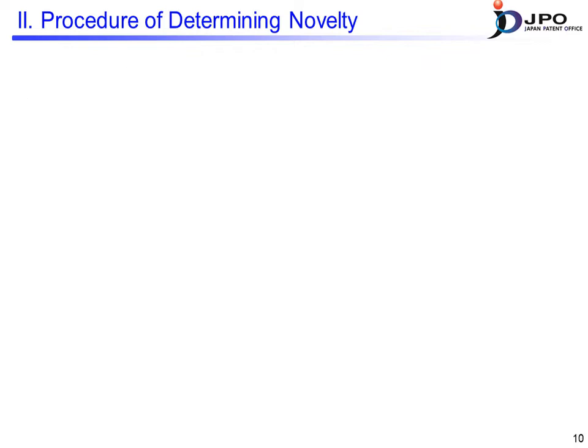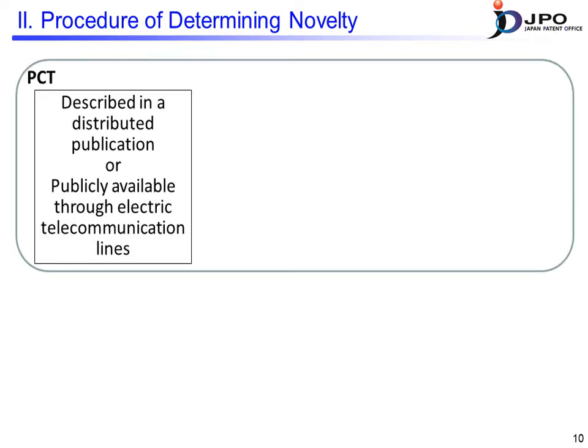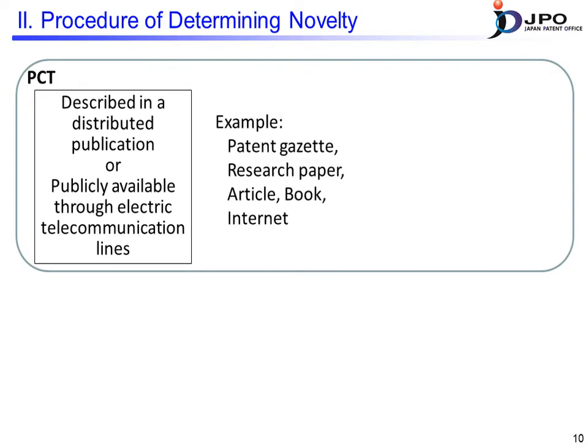In this slide, I will explain what can be prior art. Under PCT, prior art can be something such as an invention described in a distributed publication, or an invention that was made publicly available through electronic telecommunication lines.